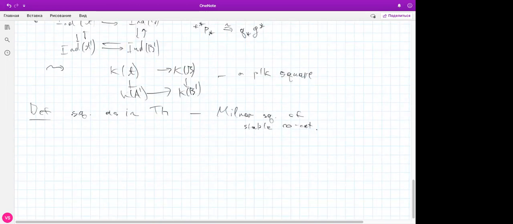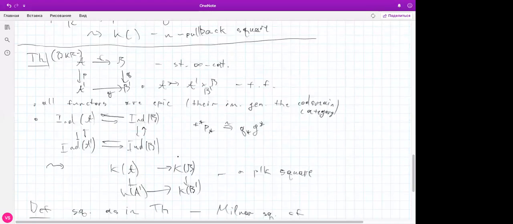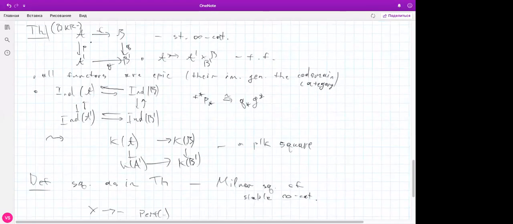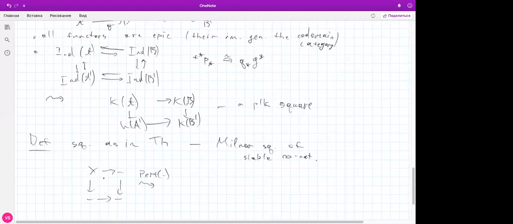But what I want to say is that it implies some excision statement for stacks, because if we have some diagram, I'm not even going to write the names, I can apply perf to this diagram, and I'll get a square of stable infinity categories. The condition on the pullback corresponds to the condition of the pullback here, and the condition here also corresponds to the condition on the, okay.